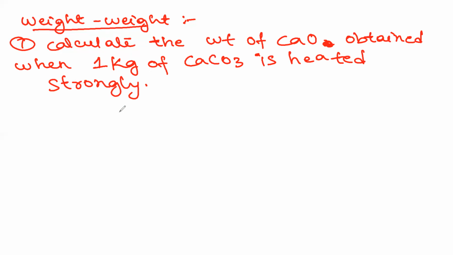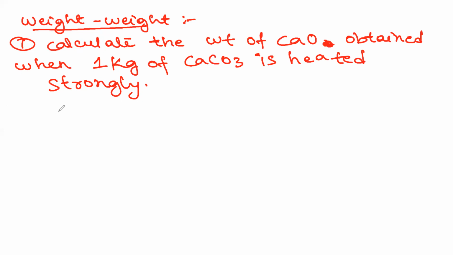Now, how to find the solution for this? If they have given the equation, we can straight away write the answer. But in this case, they have not provided the stoichiometric equation. First, we have to write the balanced chemical equation of what happens when calcium carbonate is heated strongly.